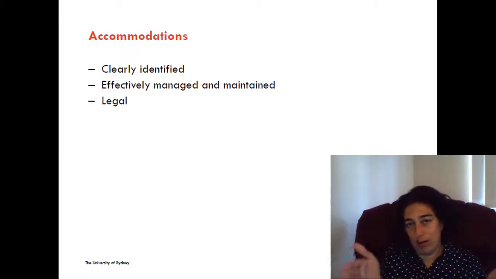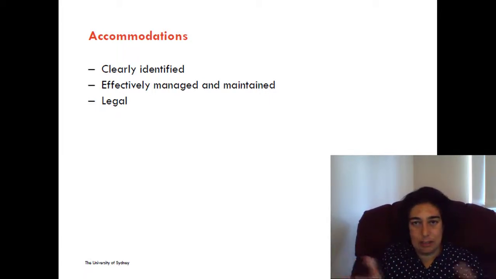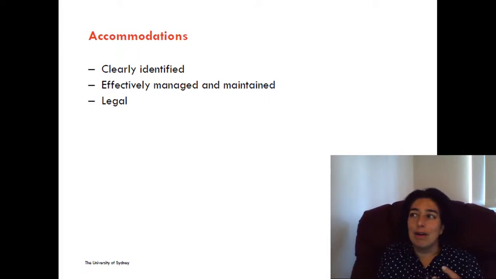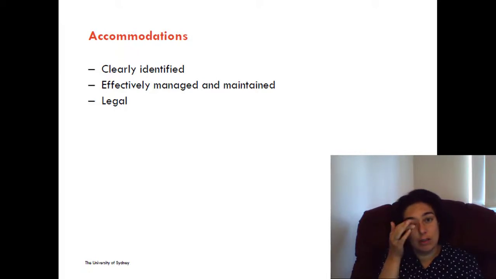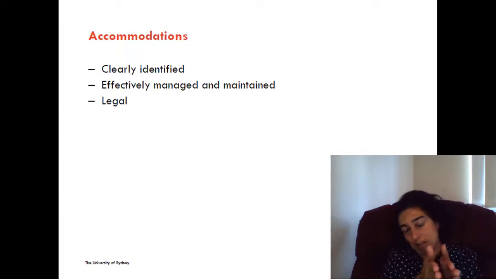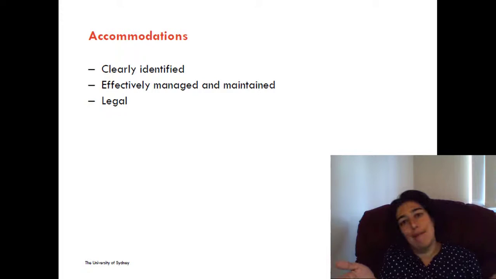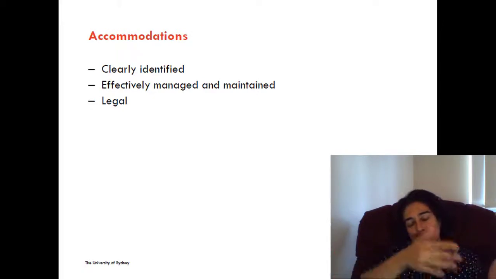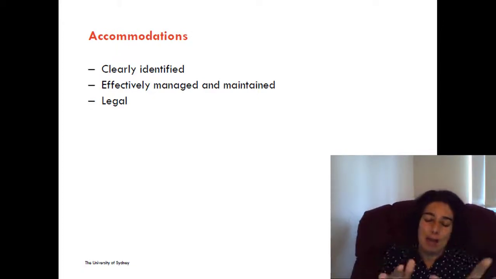Accommodations, whether they're in response to an injury or a disability, or whether they're general, need to be clearly identified, and they need to be effectively managed and maintained. One of the big issues, for example, with multiple sclerosis is if you have something like relapsing remitting MS, and almost all cases of MS ultimately end up relapsing remitting until they become primary progressive.